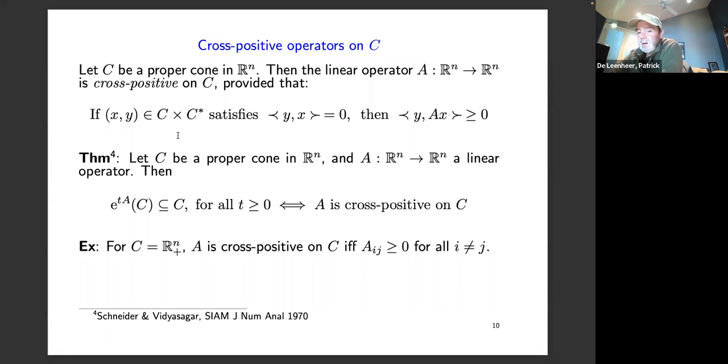This is the definition of a cross-positive linear operator. Given a cone C, an operator is cross-positive on that cone if this condition holds.